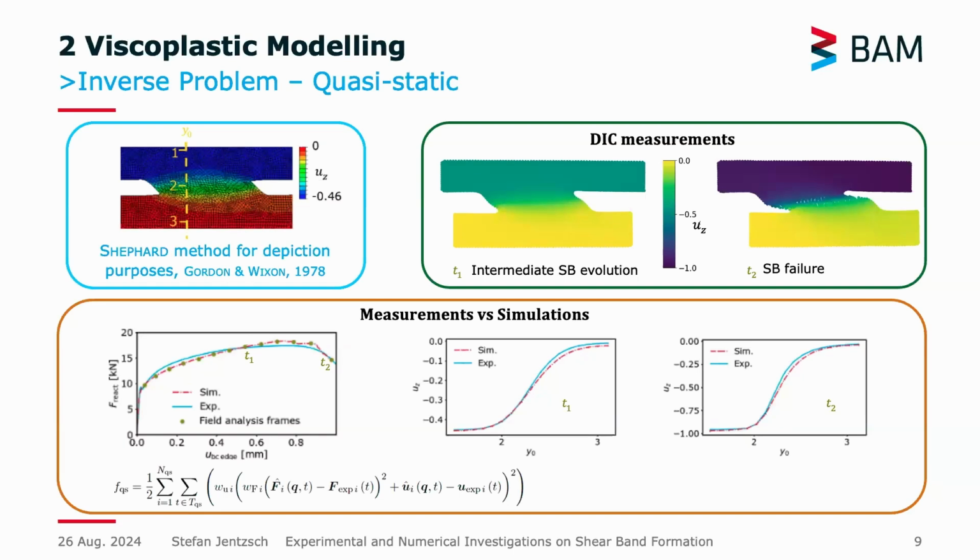Just for depiction purposes, I introduce the Shepard method, where we draw a line for this displacement transition, and through this line I smooth the points around it. Just for this, I got these more visible diagrams.